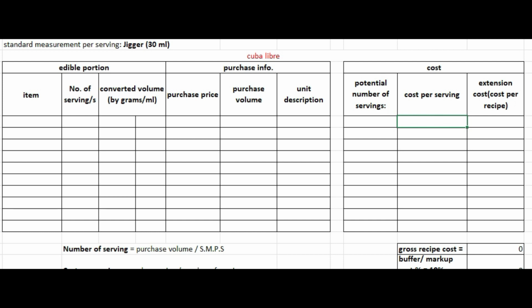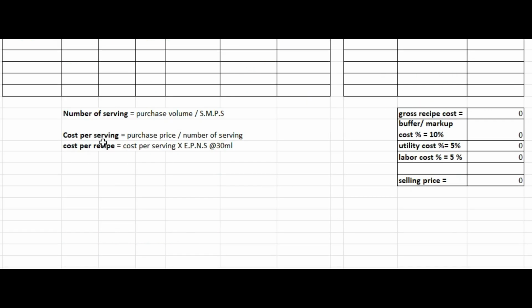We have also our guide on how to compute the potential number of servings. The number of servings will be identified after your purchase volume is divided by your standard measurement per serving, using the 30 ml as your standard measurement per serving or per measuring utensil.